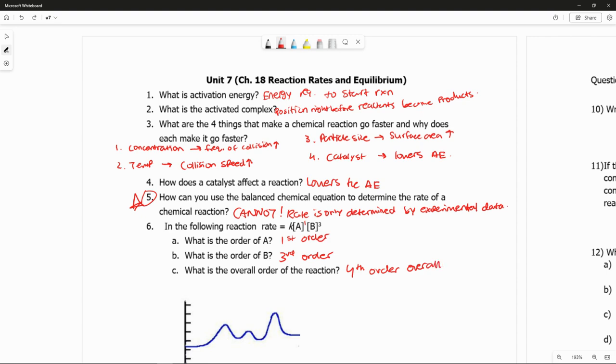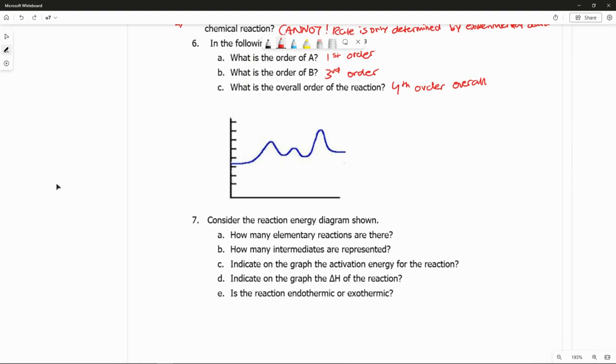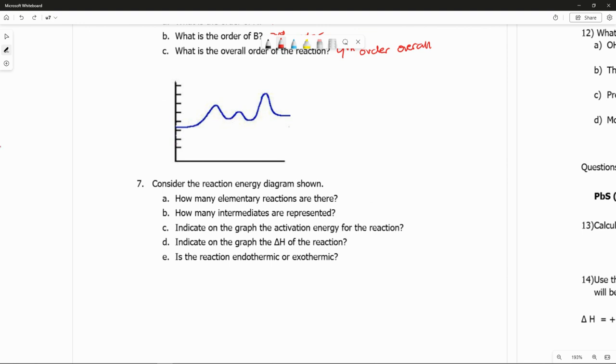All right. Let's take a look at number 7. Consider the reaction energy diagram shown. How many elementary reactions are there? How many intermediates are there? Understanding this is important.